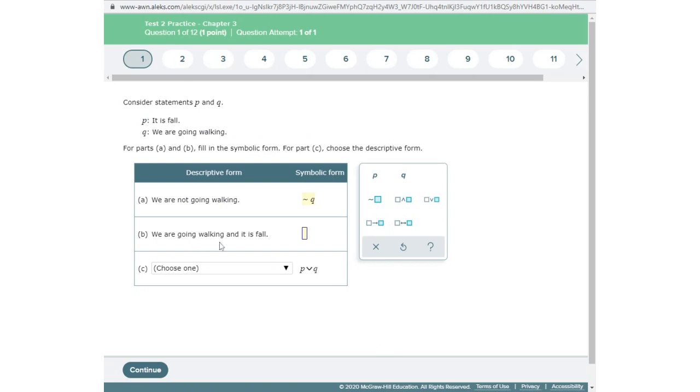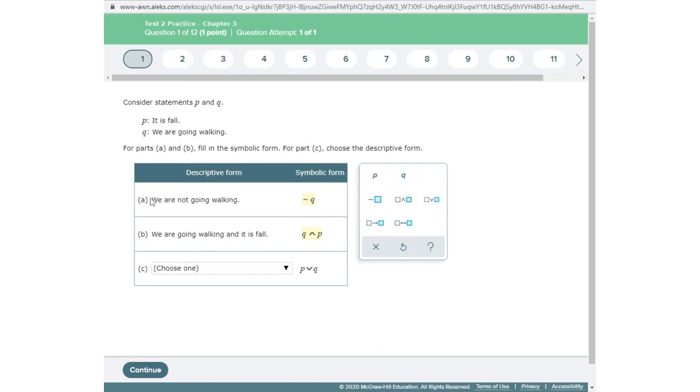All right, this one's a compound statement. It's we are going walking, and it is fall. But both of them are in the affirmative. So the first one is Q, and is what? And is that little symbol there. That's the and. Okay.